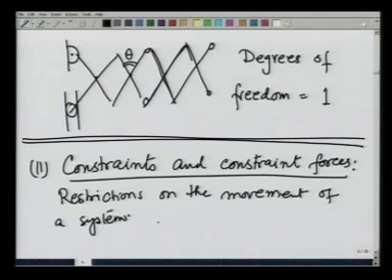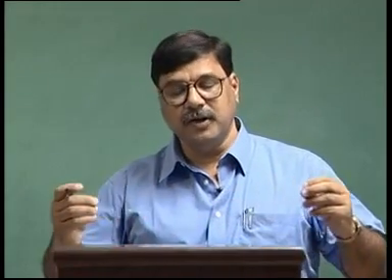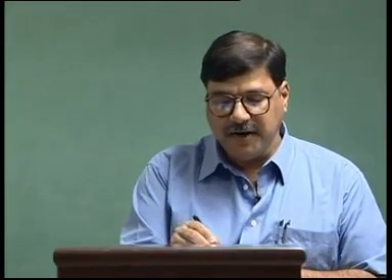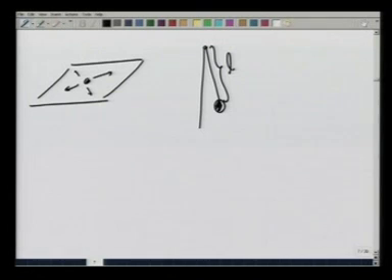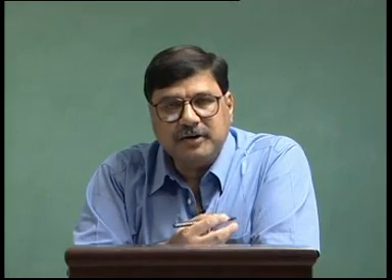For example, if I take a particle and constrain it to move only along, say, a wire, then that is a constraint that it can move only along a straight line. Or if I take a particle, put it on a plane and constrain it to move only on a plane, this puts a constraint on the particle to move only in this plane. Similarly, in the pendulum example that I took, the constraint is that the distance of the bob of the pendulum is fixed from the pivot point. So you see, we are putting constraints whereby we restrict the motion.